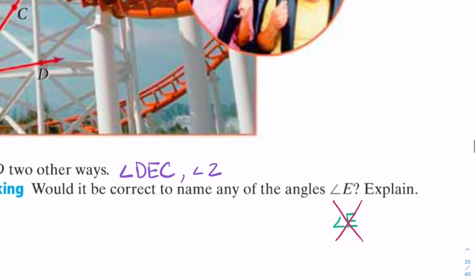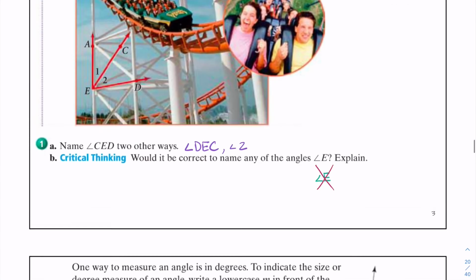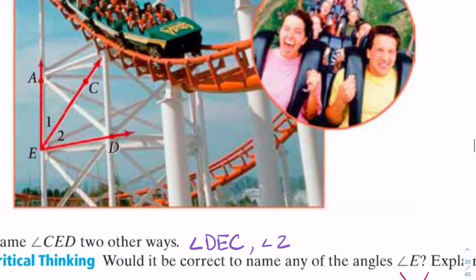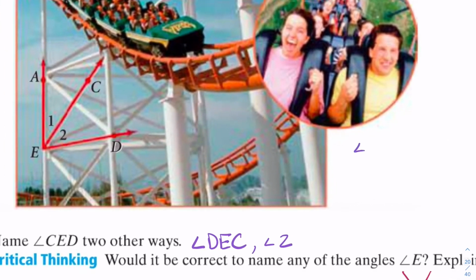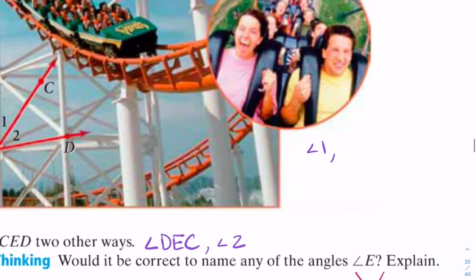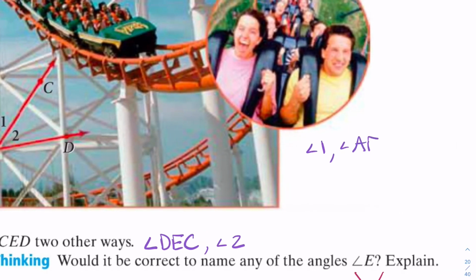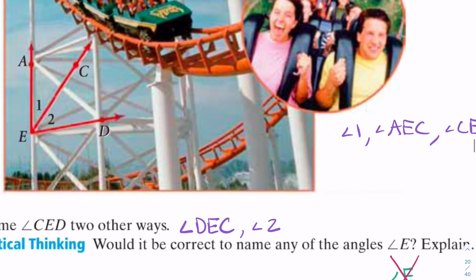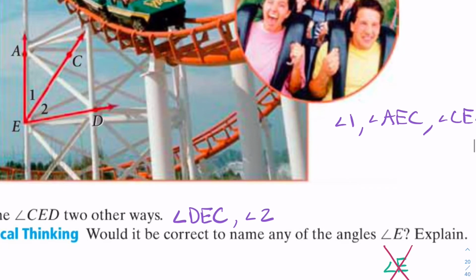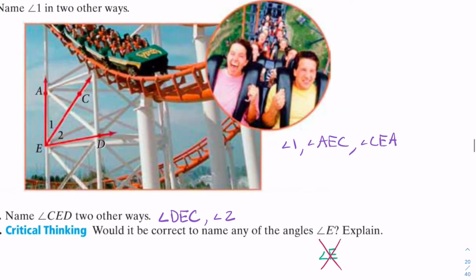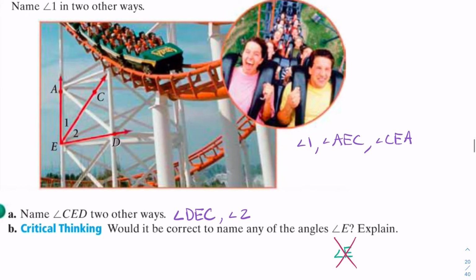All right. And let's see. What's another name for angle 1? Angle 1 also has the name angle AEC or angle CEA. Oh, you know what? That was the question above.